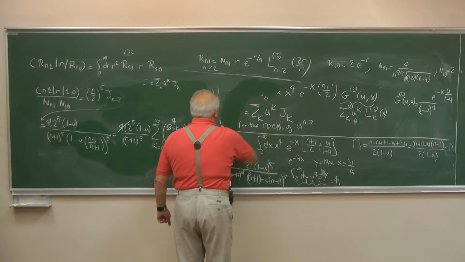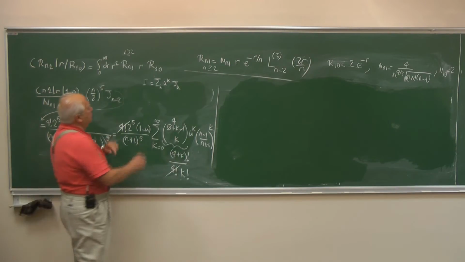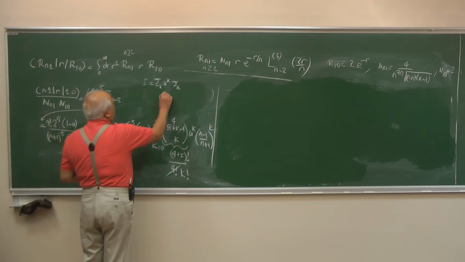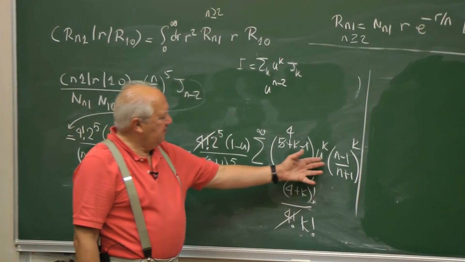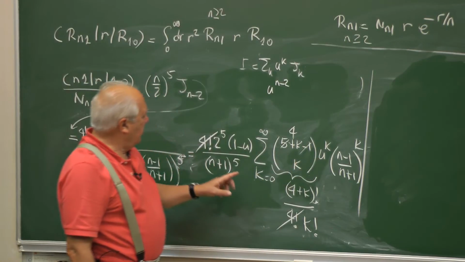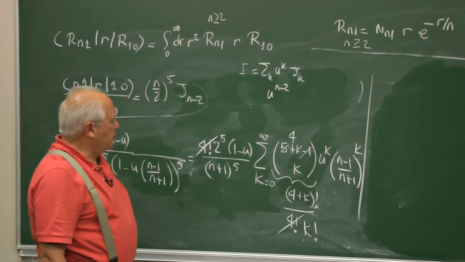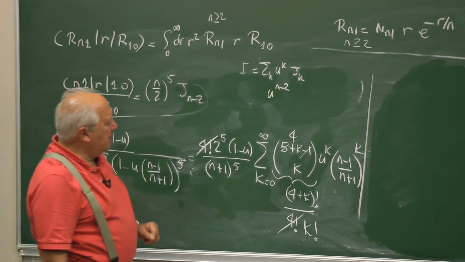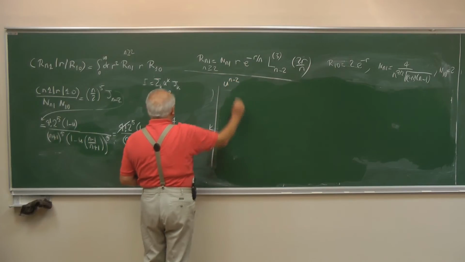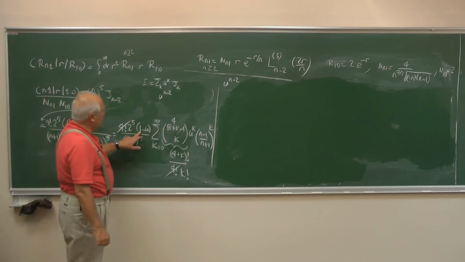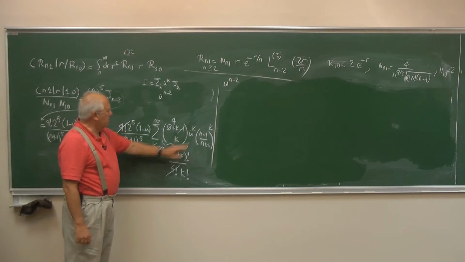So this part I am erasing. We are trying to get the coefficient of u to the n minus 2. But you see, this is an infinite series in u, and it is multiplied by the term 1 minus u. So to get to u to the n minus 2, if you are multiplying with 1, k has to be n minus 2.